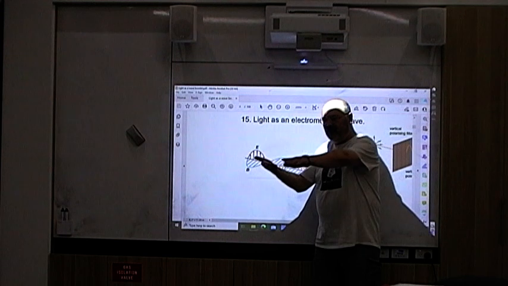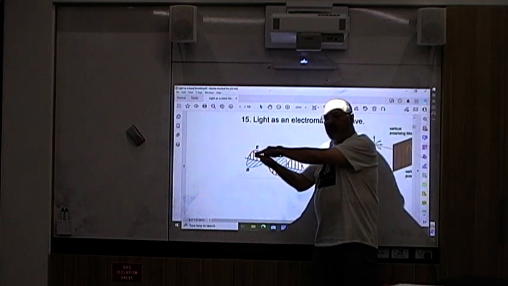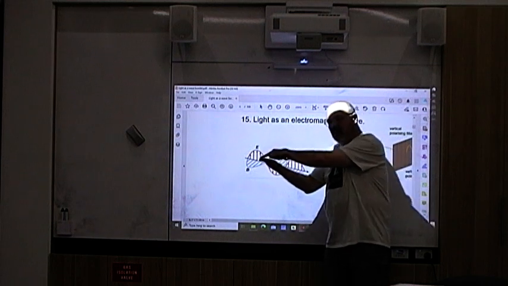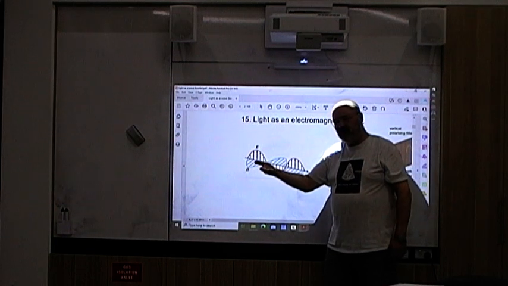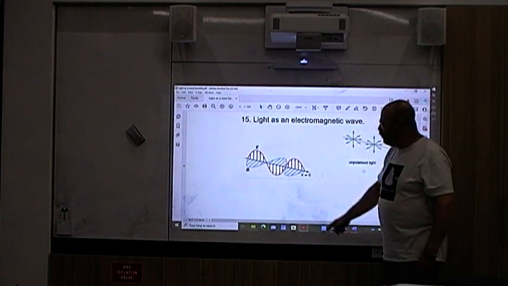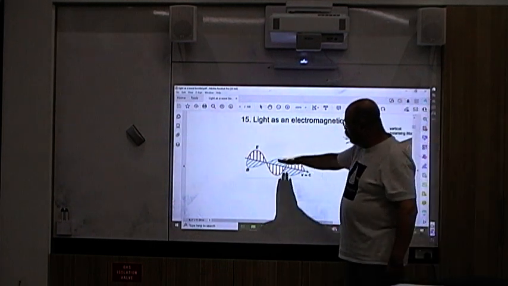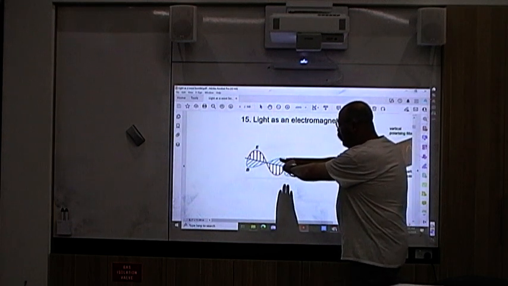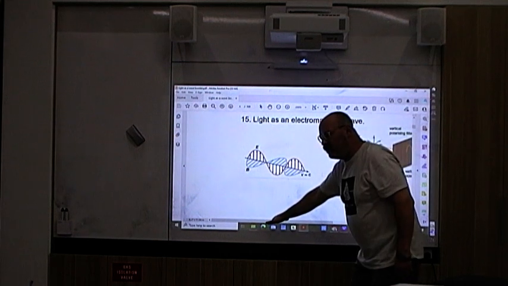So magnetic field out of the board, opposite to the direction of the light. Light travels this way, so the thumb points that way. Then the electric field will come out of the palm, up. In the same way, here we have the magnetic field into the board, light direction opposite to the thumb, and the electric field down.